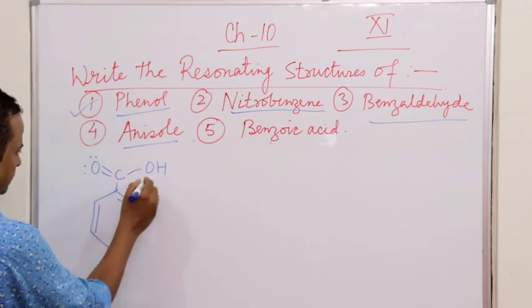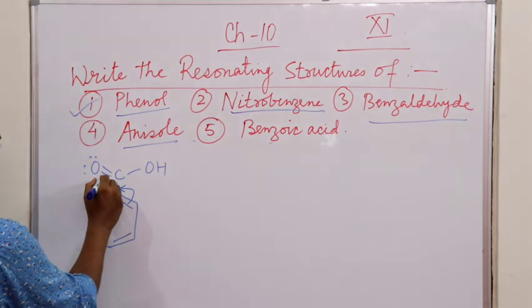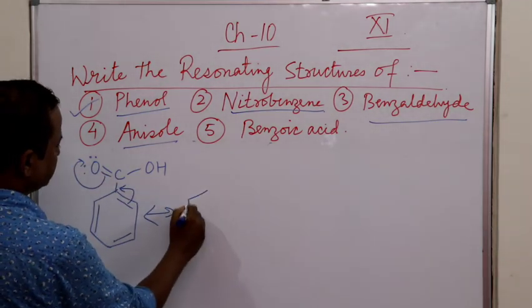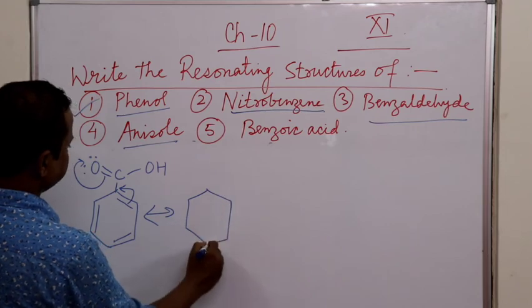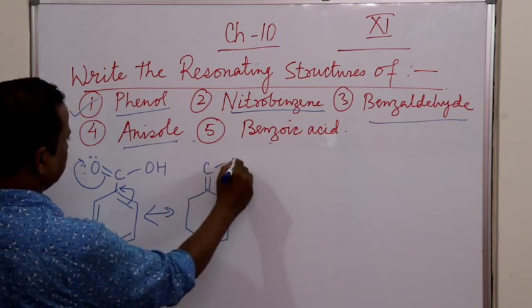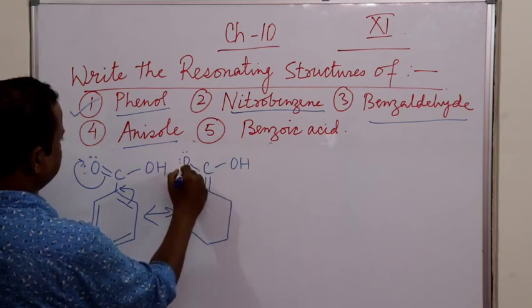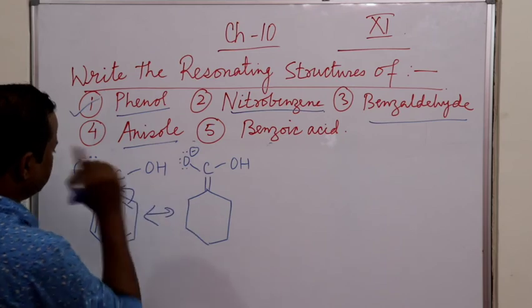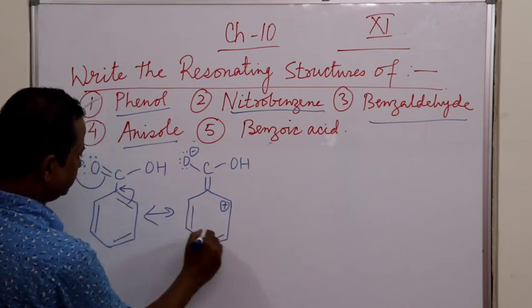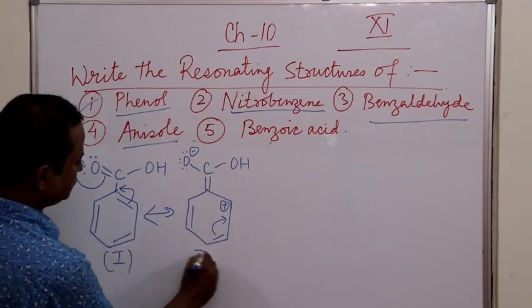So here also this COOH is electron withdrawing, so this pi electron will come and it will come here. So we will have the first structure like this, double bond will be formed here, and this oxygen will have minus charge, so here plus. So this is number 1, this is number 2.